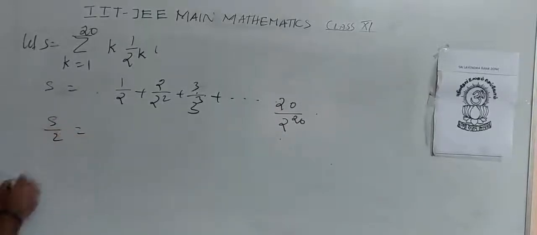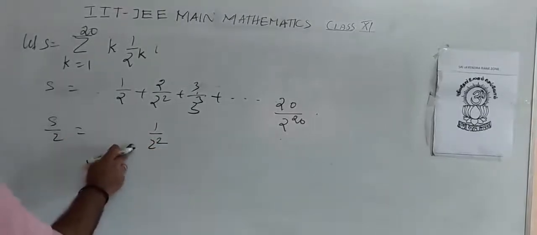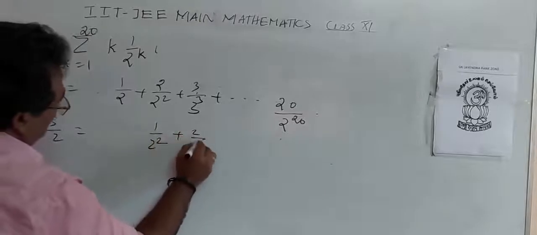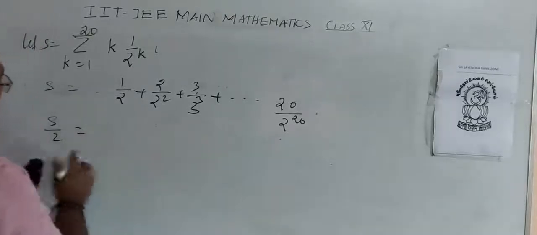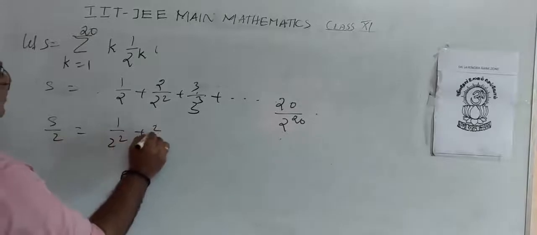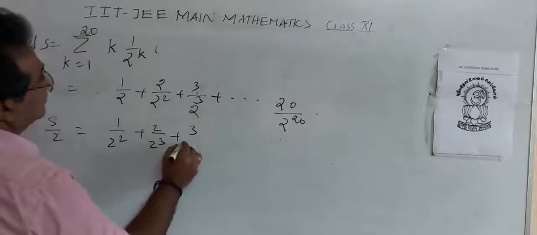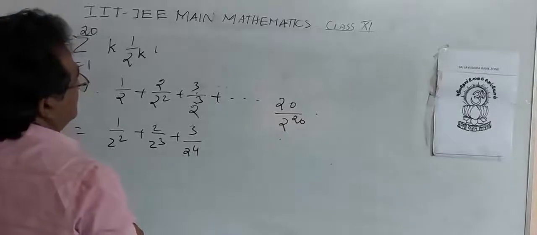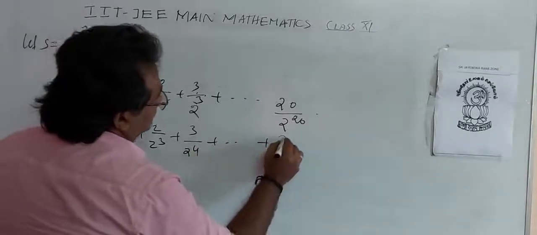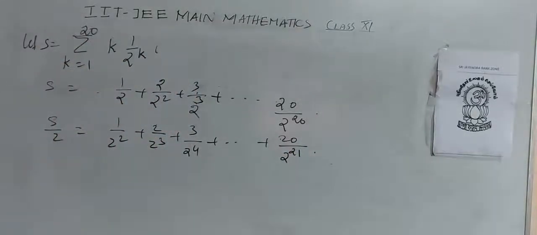So S by 2 equal to 1 by 2 squared, 2 by 2 cubed, 3 by 2 power 4, up to 20 by 2 power 21.